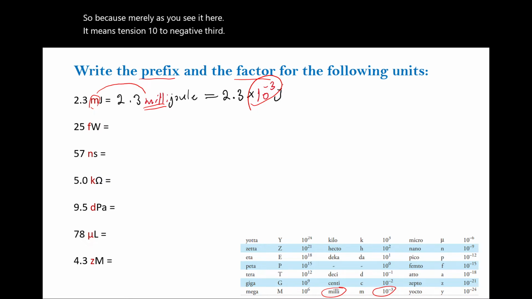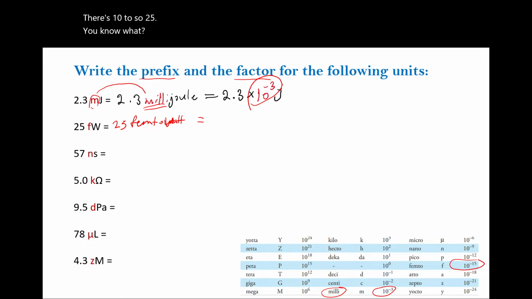This is 25 femtowatts. So femtowatts, femto, we got here, that's 10 to negative 15, so 25 femtowatt.